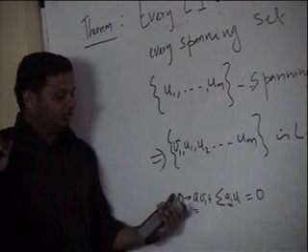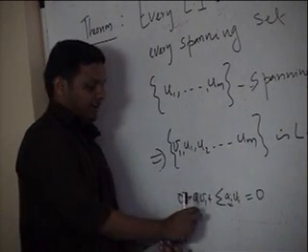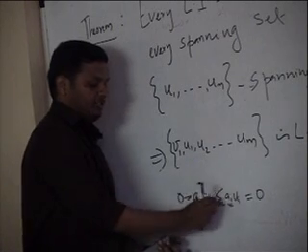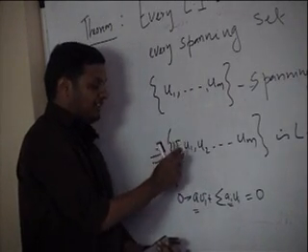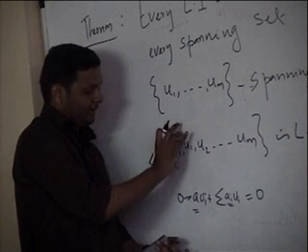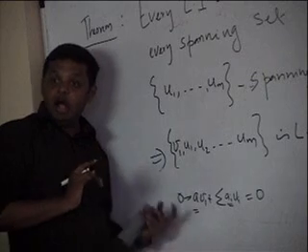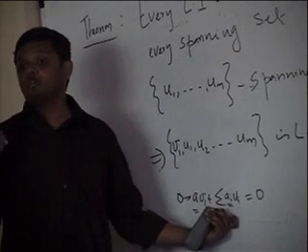So in fact we can take this a to be non-zero. Apart from a, there should be some aj which is also non-zero.